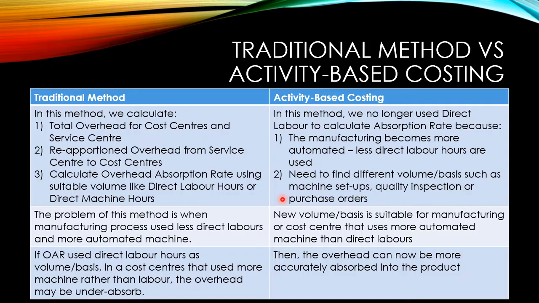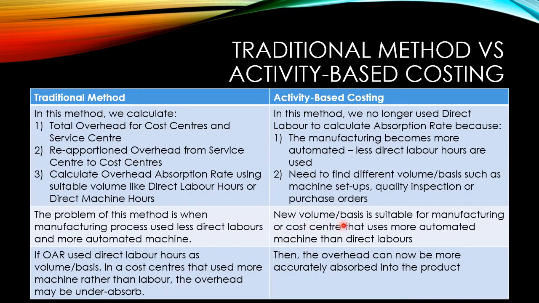But under activity-based costing, our method of absorption is more specific on the machinery aspect, where we use absorption bases such as machine setups, quality inspections, or purchase orders to more accurately absorb our overhead.